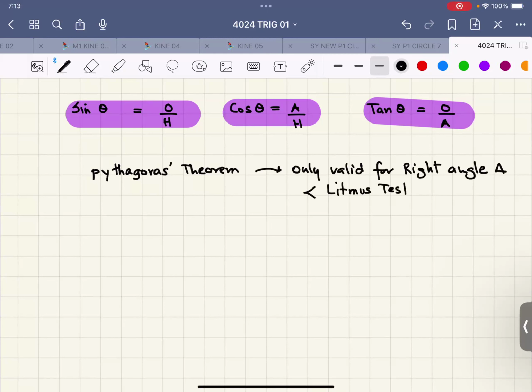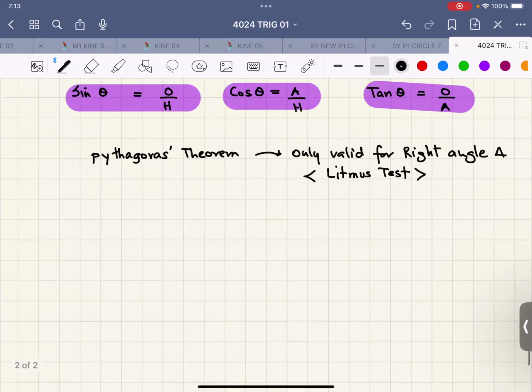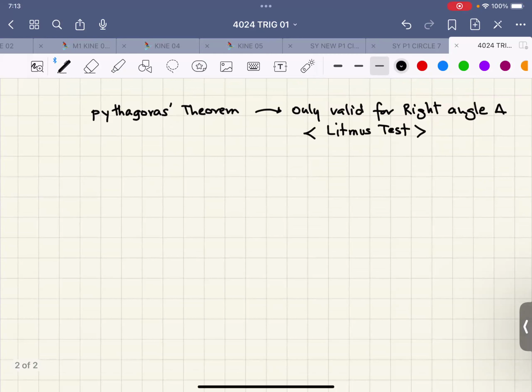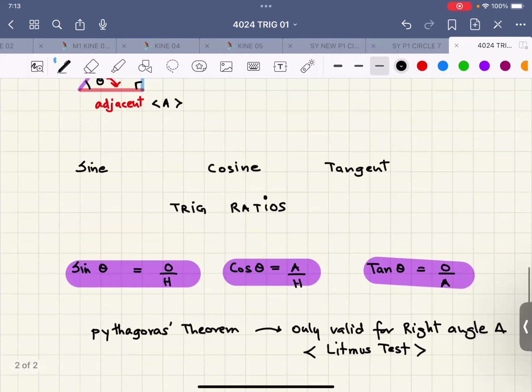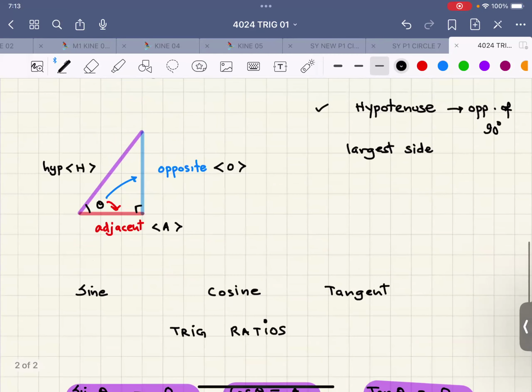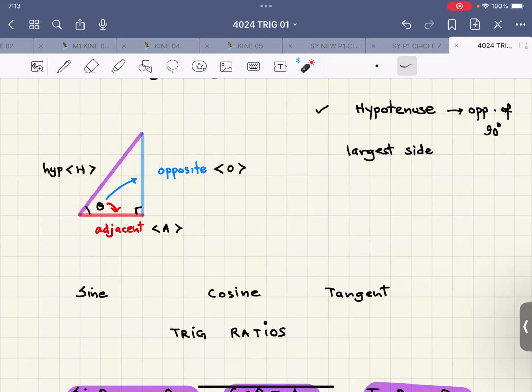If it fulfills Pythagoras theorem, it's a right angle, otherwise not. So the biggest side is what? The biggest side is the hypotenuse. So therefore, I'll write hypotenuse square is equal to opposite square plus adjacent square. So biggest side square equals the base square plus the perpendicular square.